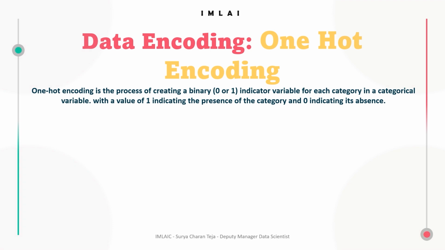So this creates a hot, or active, encoding for the particular category. Okay, so that's where one-hot encoding came from.